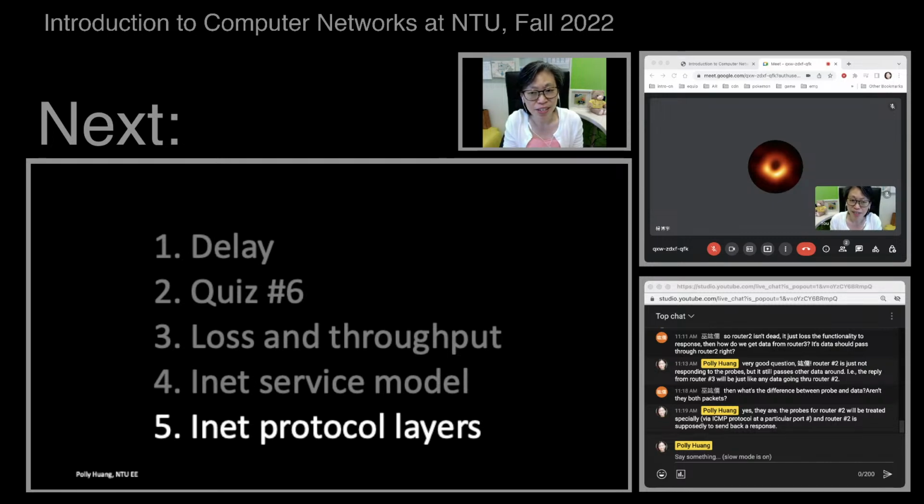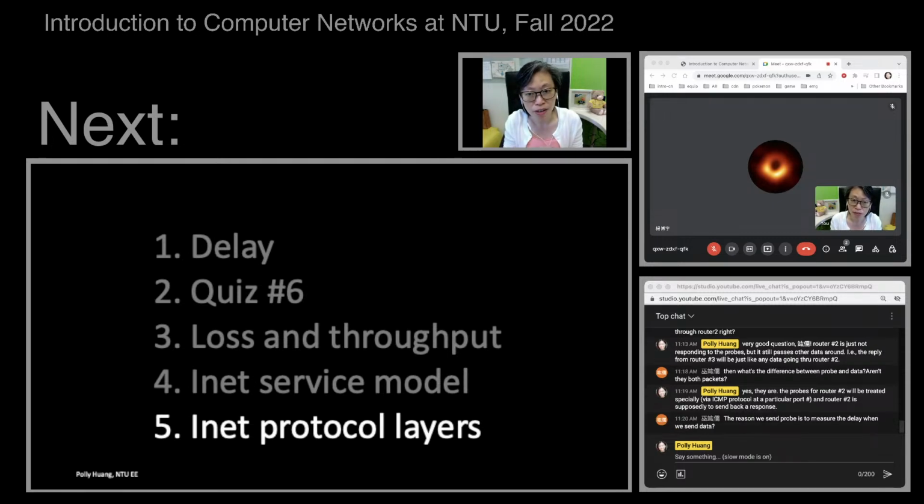So the probing messages are a little bit special when we send data. You know what, Hongru, that is perfectly right. A lot of times we send data, and we think, hey, the delay is suddenly long, and the packets are coming and not coming and coming and not coming.